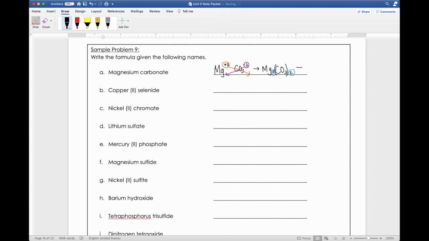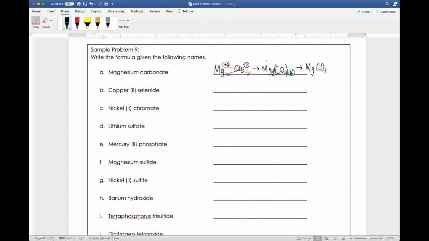So instead of saying a 2 to 2 ratio, we're just going to say it's a 1 to 1 ratio. So this is magnesium carbonate, MgCO3.